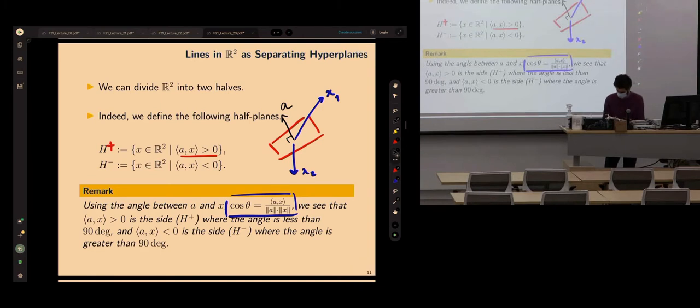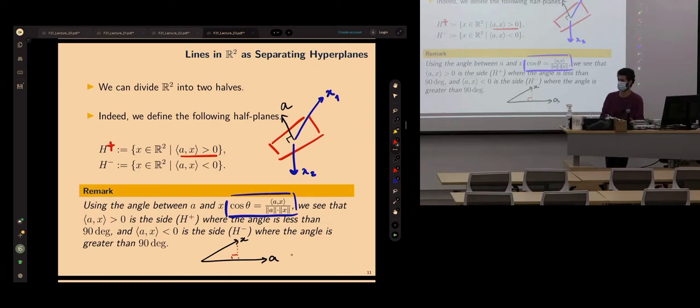Now, this is also very easy to show. If you have vector A, let's say, I need a bigger vector A so I can exaggerate. The orthogonal projection of x on A is computed using the dot product.